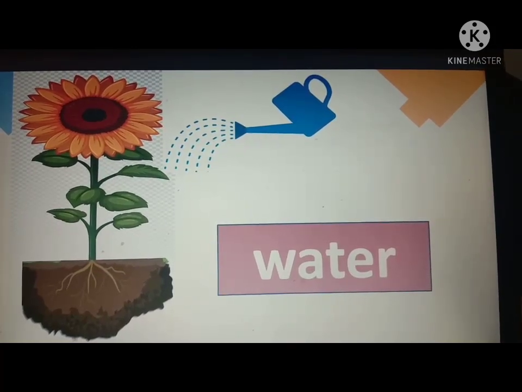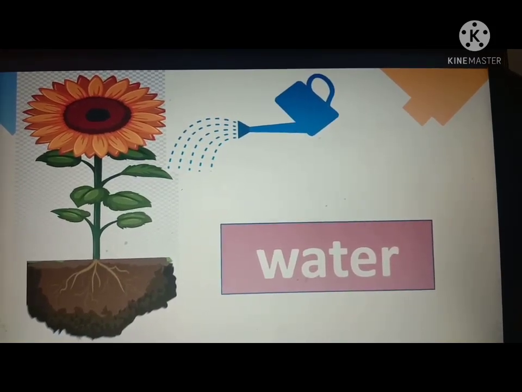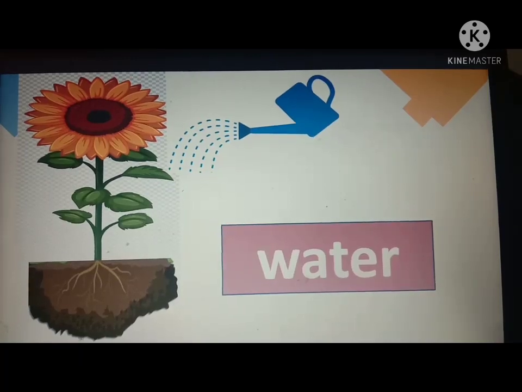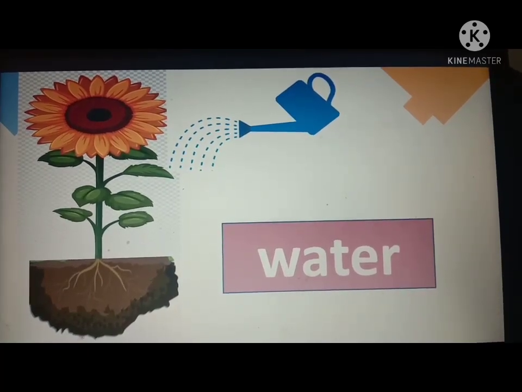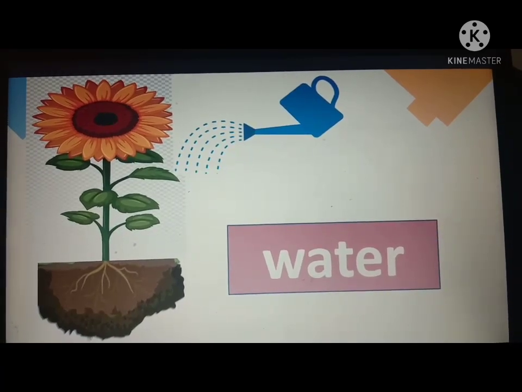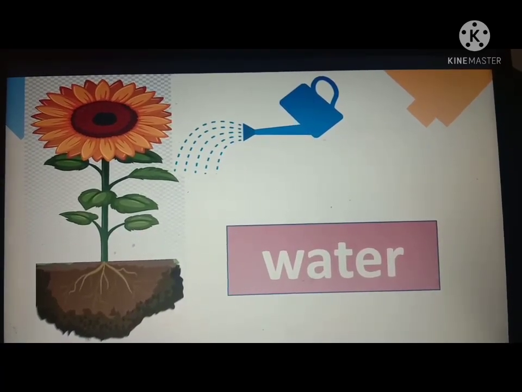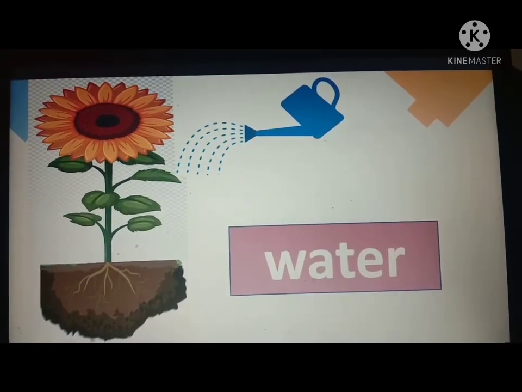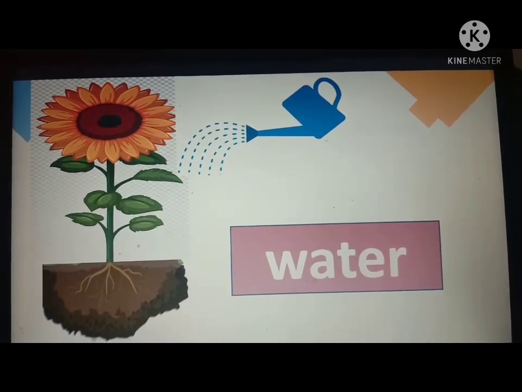Water transports nutrients present in the soil, which are carried by roots into the plant so that it can live and grow.